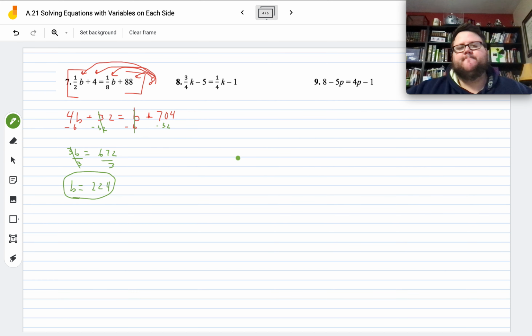And that's my answer. Now, number 8 is going to be different because the denominators in both of those are 4, so you're going to multiply everything by 4.